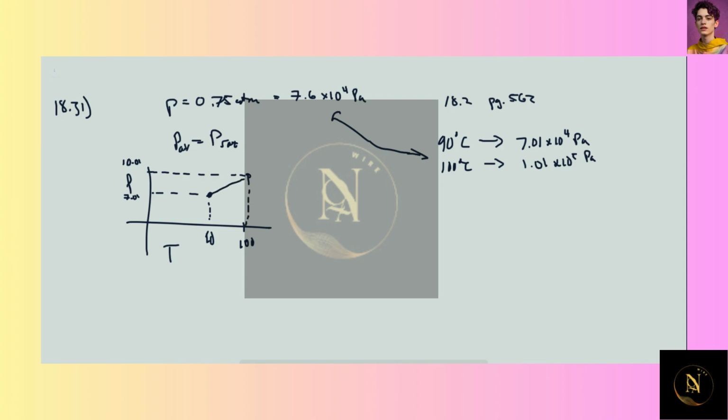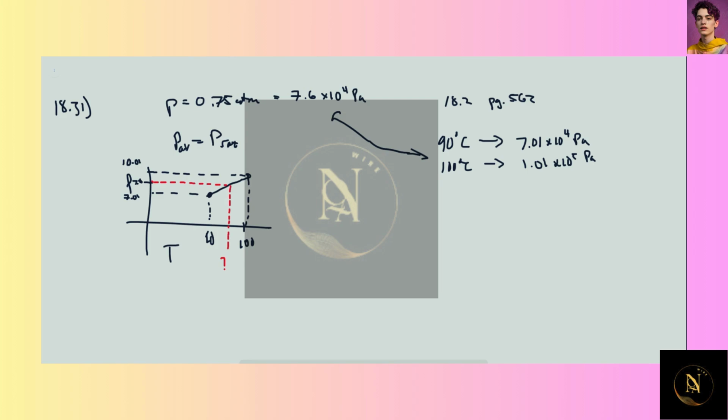Now we just assume that there's a line between here, and then we want to find where this is 7.6. So we want to figure out what value this temperature is.